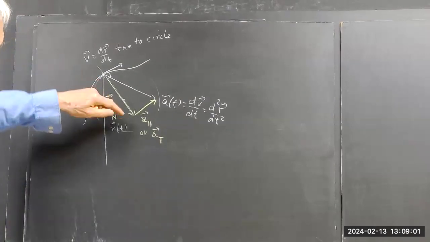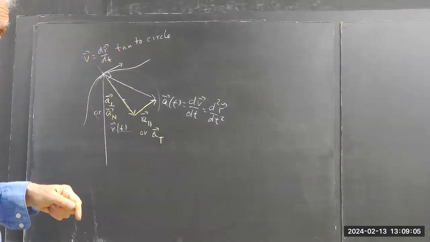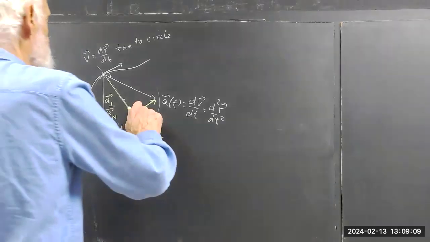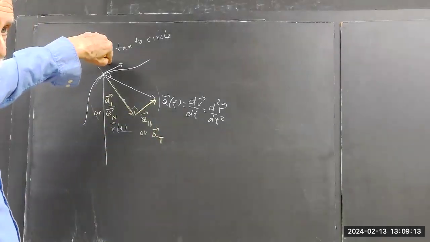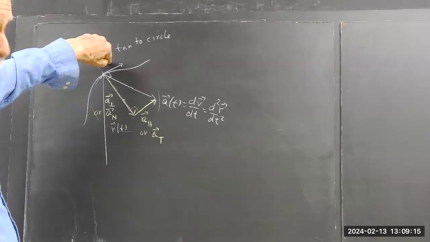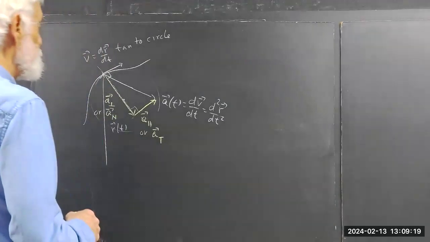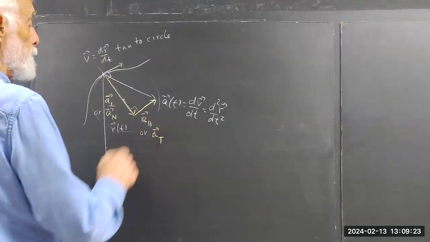I drew this a little bit too long. This vector should be parallel to this one. I'm not going to mess up the picture. This is supposed to be a right angle, and this is supposed to be parallel to this. I wasn't very careful. Anyhow, there it is.